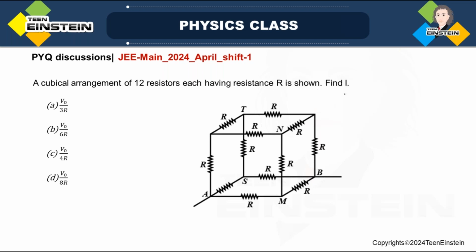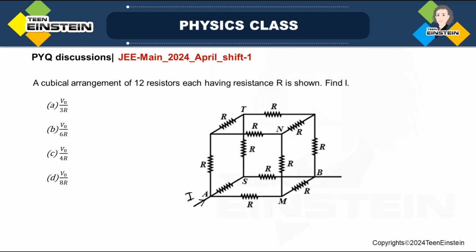Find I. You have to find out the current. Here I is entering into the combination of this cubical shape arrangement of resistances. There are 12 identical resistances, as you see here. What is the magnitude of the current I?